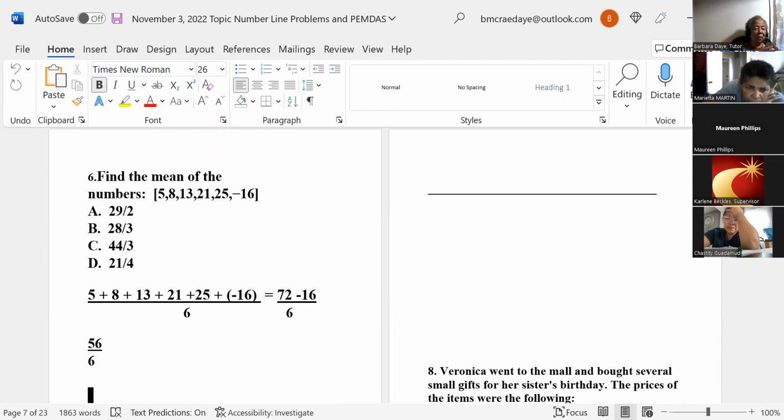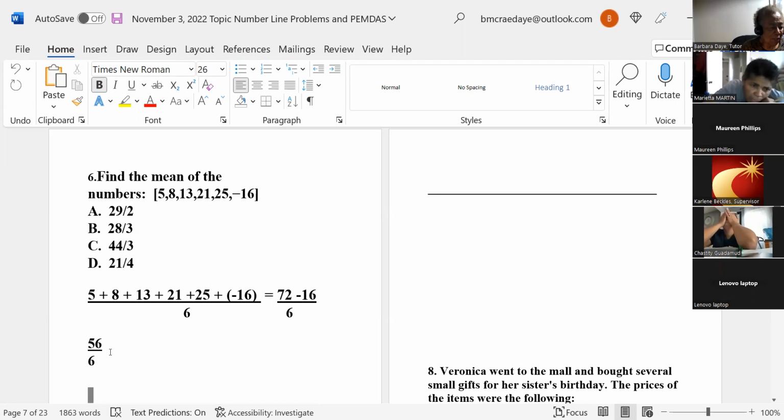What if you simplify that number? What number divides into the 56 and also divides into the 6, Maureen? 9? No, 9 doesn't go into the 6.